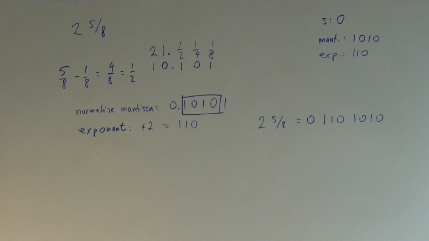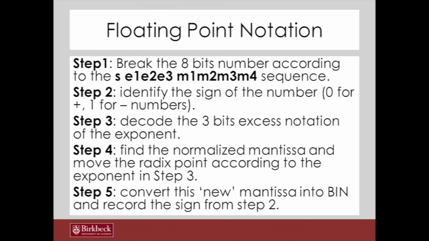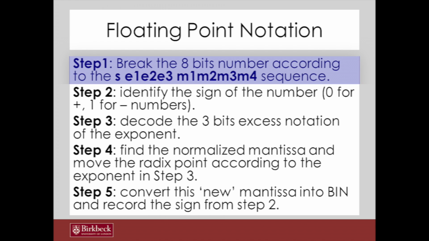I hope that you now understand how to convert decimal numbers into floating point notation, but we also need to look at how to convert floating point notation back into decimal numbers. So what you need to do first is to remember that the floating point notation is a sequence that builds up in 3 different groups. So when you look at that group, you need to break it up according to the sign, the exponent and the mantissa.